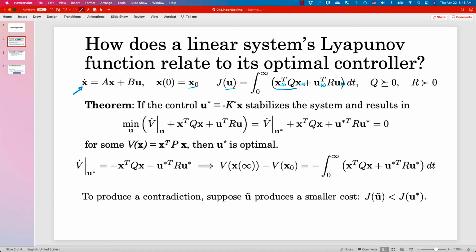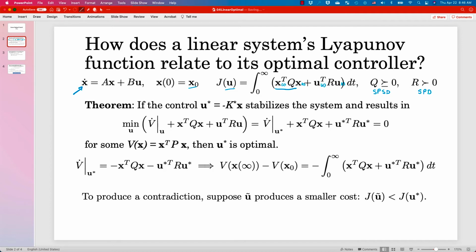And the restrictions that we're going to put on the Q and R matrices are that Q is symmetric positive semi-definite, and that R is symmetric positive definite. Okay, so that's the typical LQR setup for infinite time.